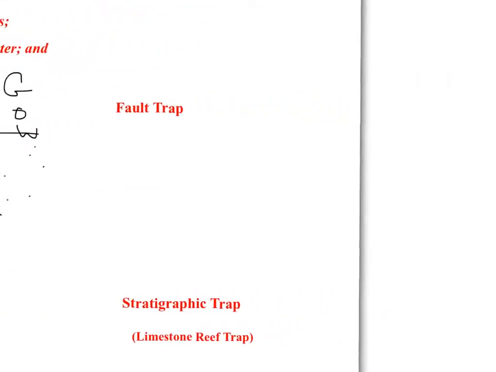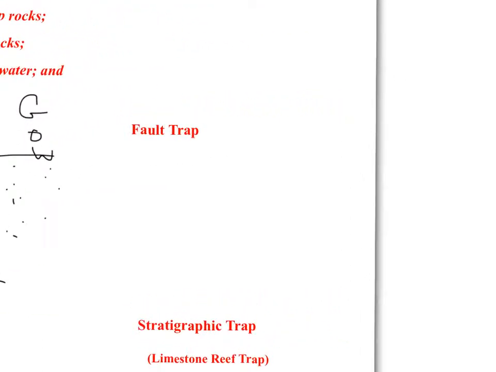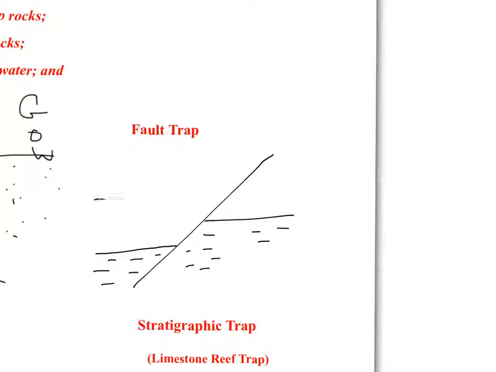Moving on to fault trap. Now it can be a different kind of fault trap. So what I'm going to do is I'm going to draw my fault first. And so I'll draw my fault like this. So I'm going to need a layer, and so I'll make this here to be shale, and this here will be shale, and then I'll put on a layer of sandstone and a layer of sandstone.